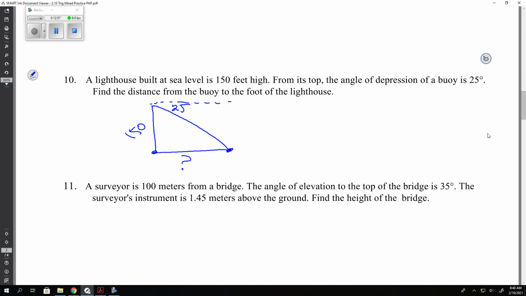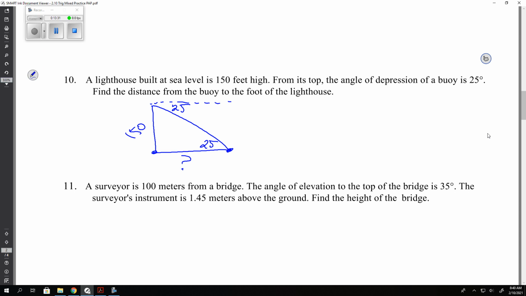Yes? Okay? So what's that horizontal distance here? Where else do I need to put that 25? Can I do it right now? Like, inside this triangle, do I have an angle in there? No. Where else does the 25 go? In the bottom corner. Yeah, in the bottom right corner. Remember, the angle of depression matches with this angle of elevation.